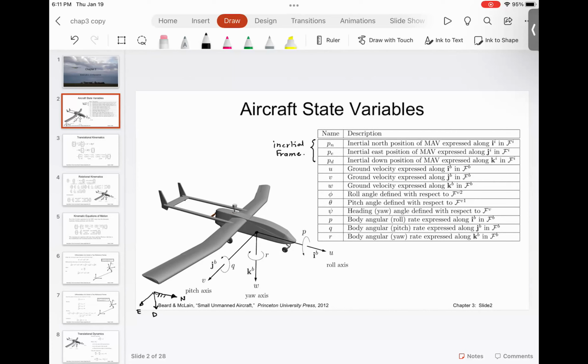This is the inertial frame translated to the vehicle frame, and the distance from the inertial frame to the vehicle frame along the north direction is Pn, along the down direction is Pd, which could be negative, and along the east direction is Pe. Now, after the vehicle frame, the first frame that you get is the vehicle 1 frame. After vehicle 1, you get the vehicle 2 frame. And after vehicle 2, you get the body frame.